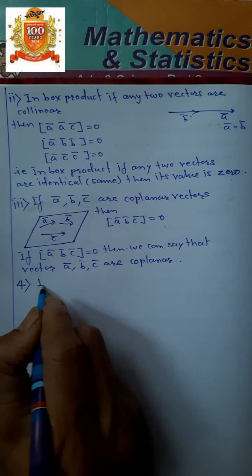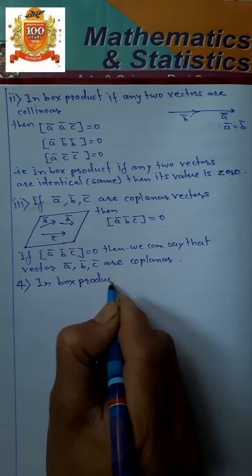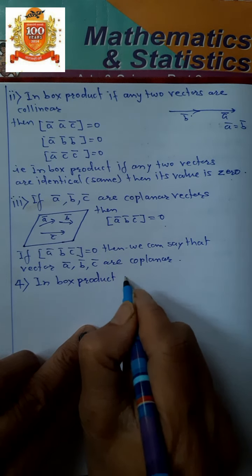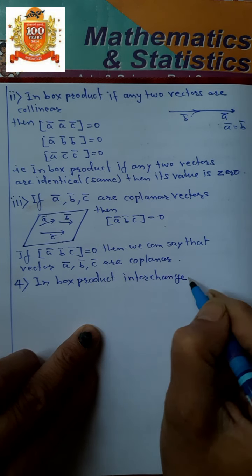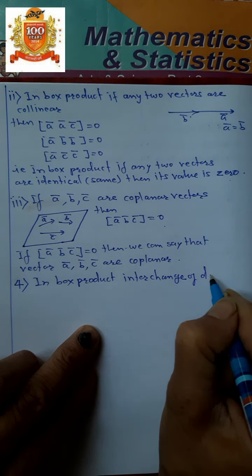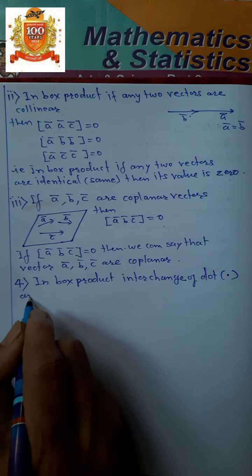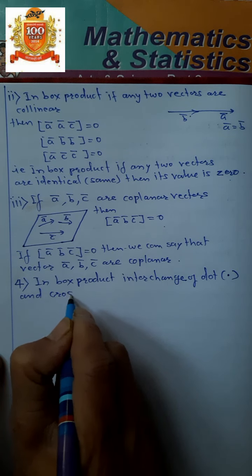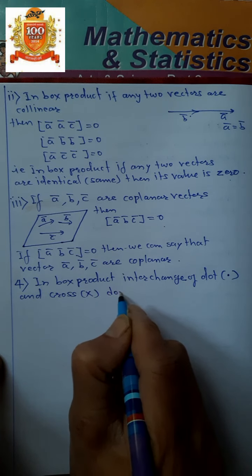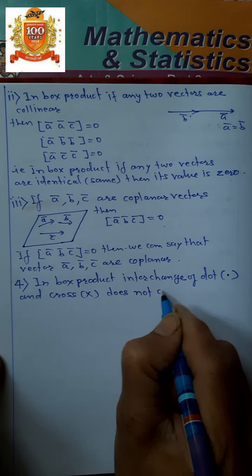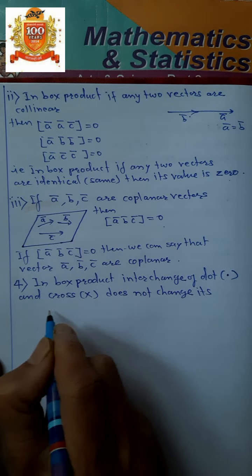Now next, fourth. In box product, interchange of dot and cross does not change its value.